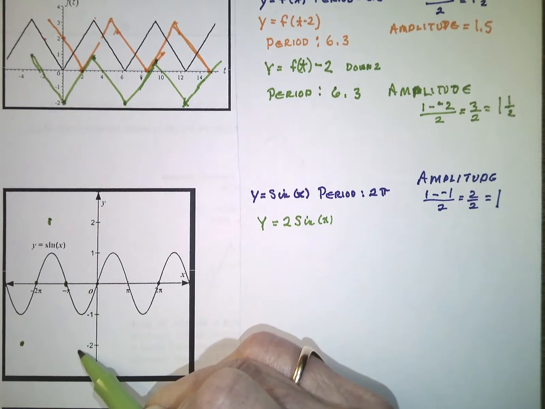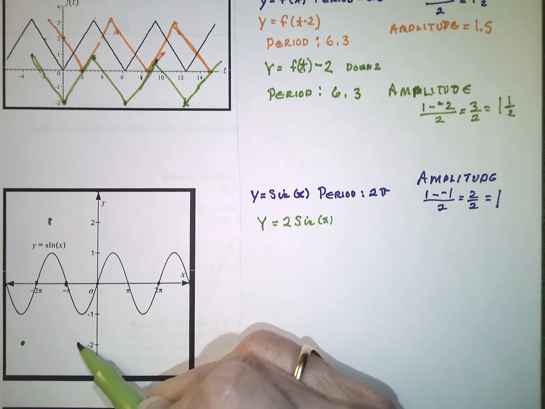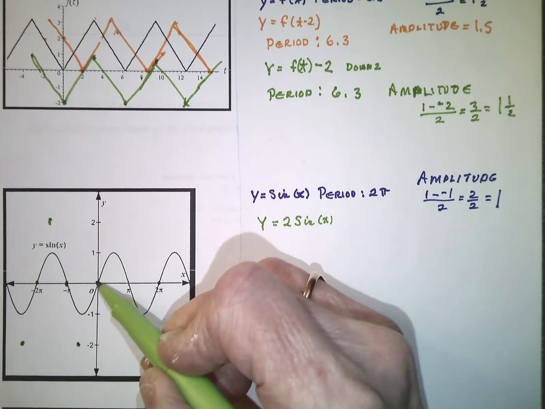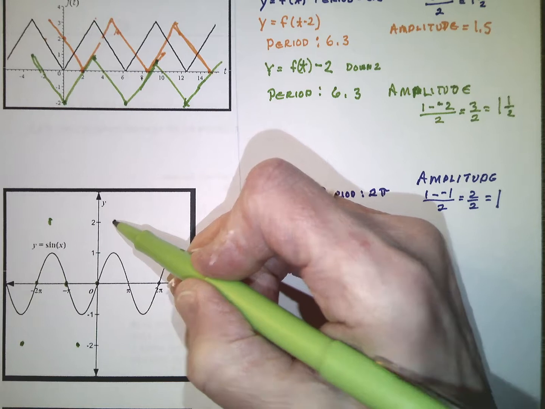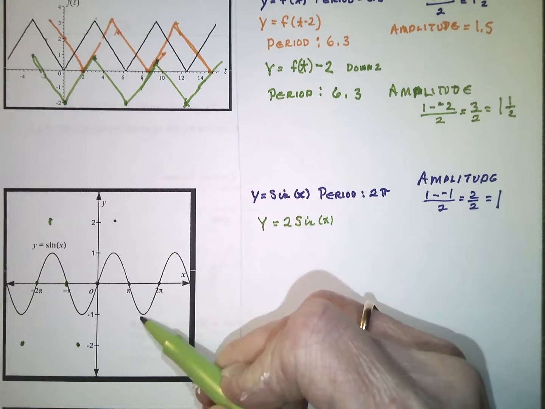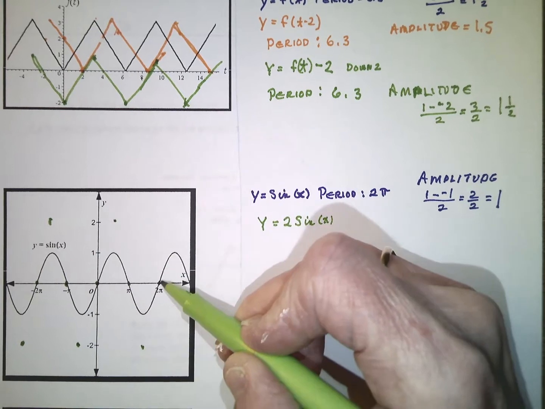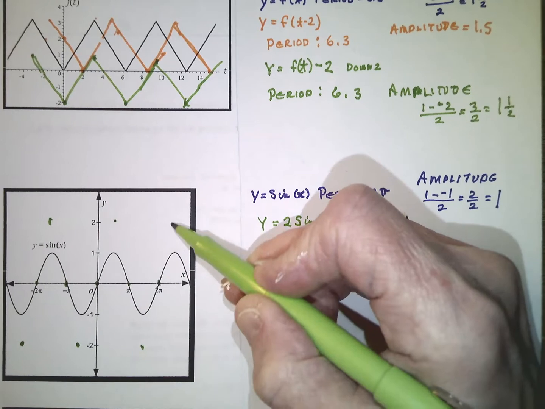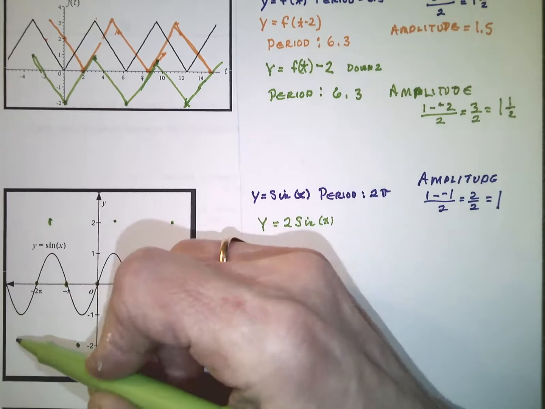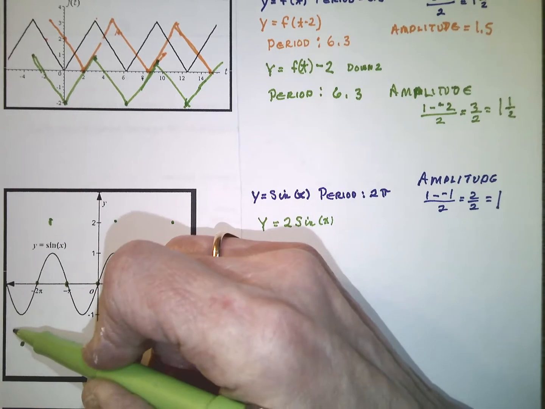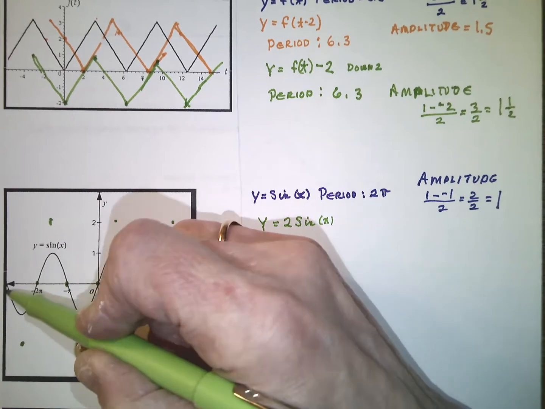Bottoming out here at -2 instead of -1. 2 times 0 is still 0. Instead of peaking at 1, it's going to peak at 2. 2 times 0 is still 0. And so on. I'm going to give it a vertical stretch of 2. And I'm going to try to draw it without it looking too terrible.